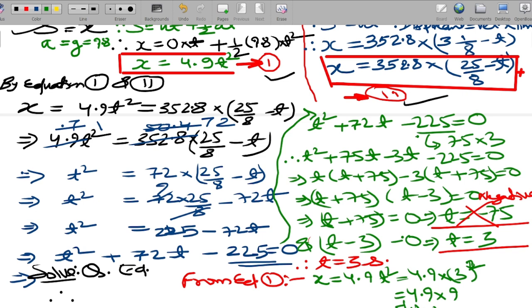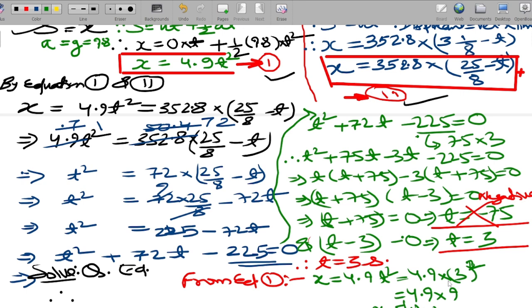So 44.1 meter is the depth of the well which we are searching for and solving for, right?